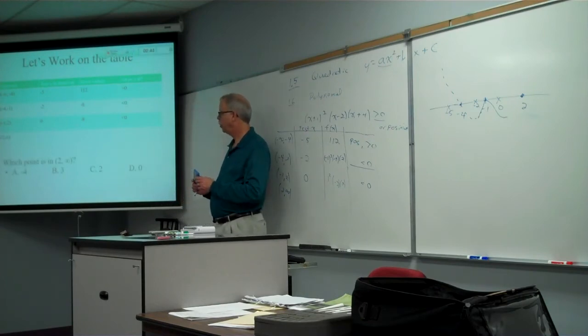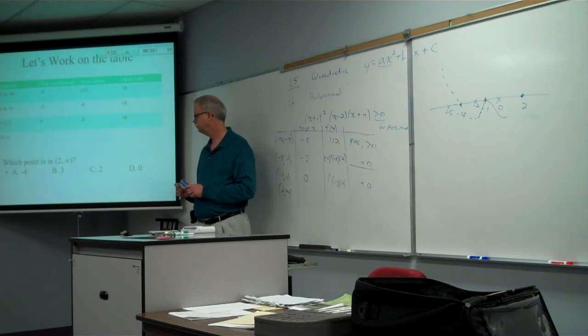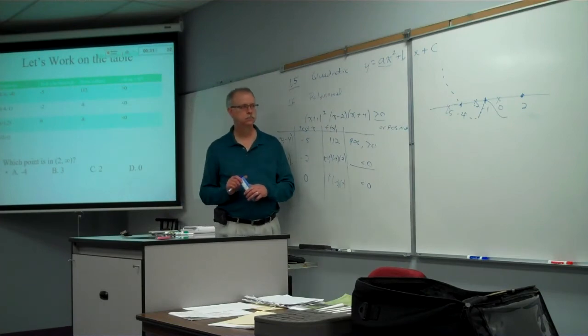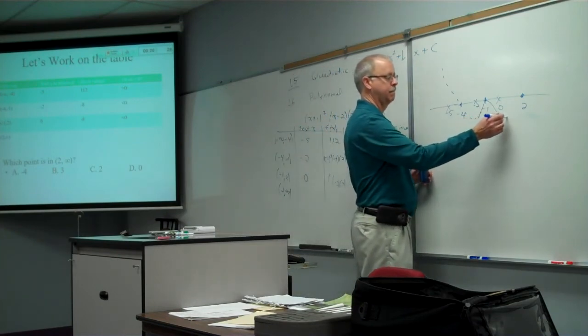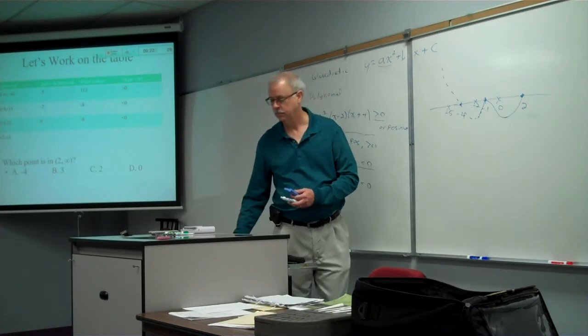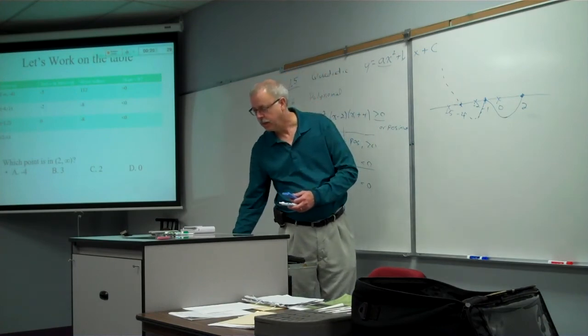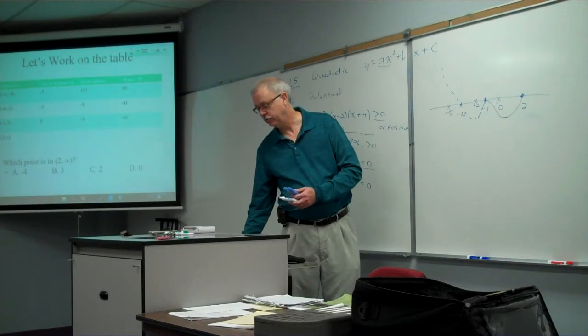And one more then. So which point is in the interval from 2 to, excuse me, 2 to infinity? And of the options given, it is 3 is the only one.